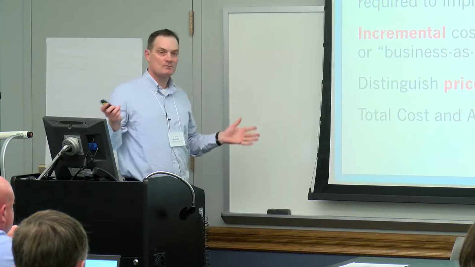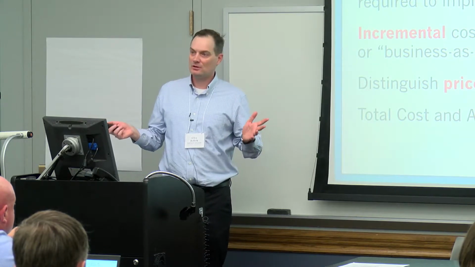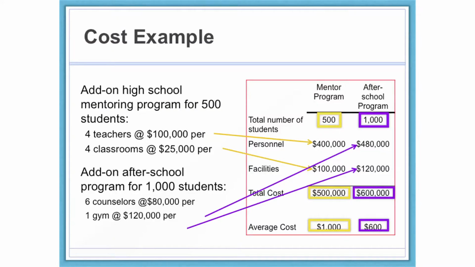Now, it's all supposed to look very simple, and it's really just supposed to look this simple. We have our mentoring program for high school seniors. There are 500 students in the program. We go to our school district and we say, how many teachers do you need? And they say 4 teachers, and each teacher has to be paid $100,000.